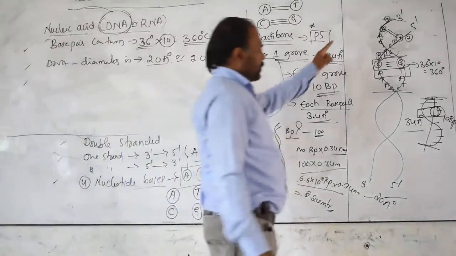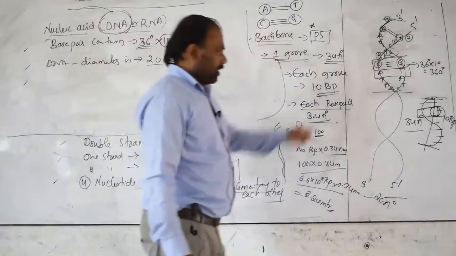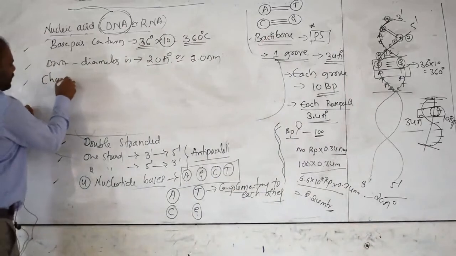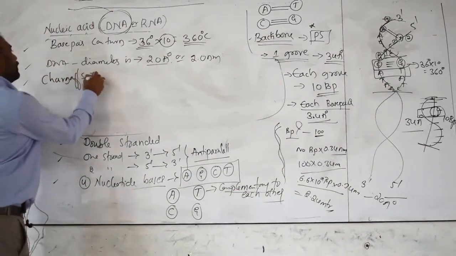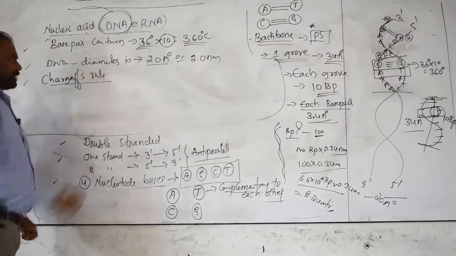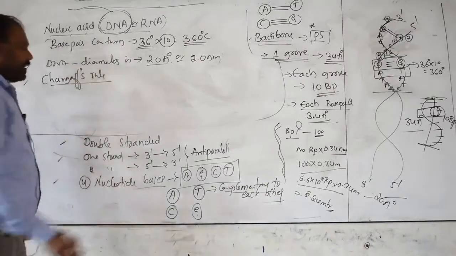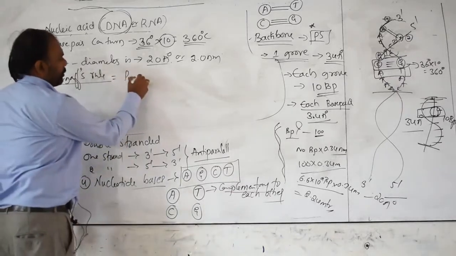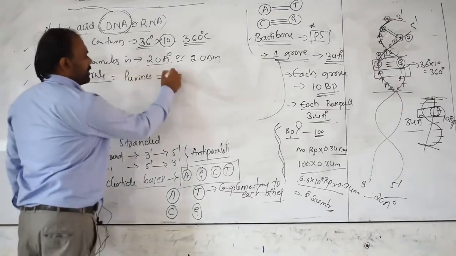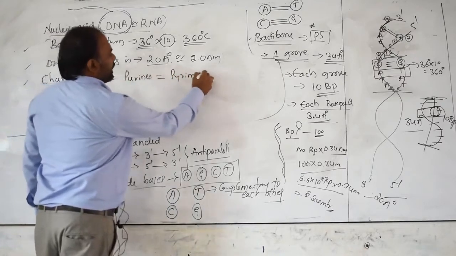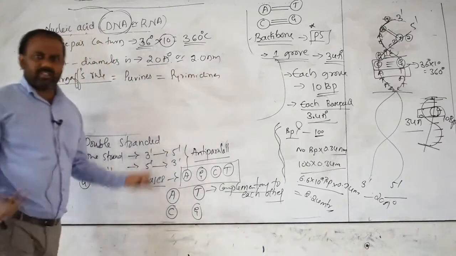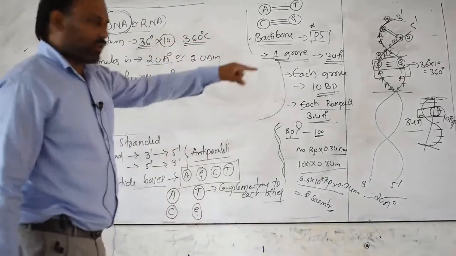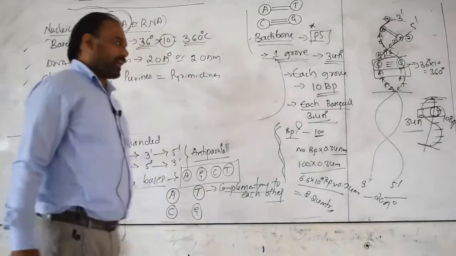And in the long length of DNA, do you remember Chargaff's rule? Write down Chargaff's rule. Chargaff's rule means the total amount of purines is always equal to pyrimidines. So the total amount of purines present in the DNA is always equal to pyrimidines present in the same DNA.